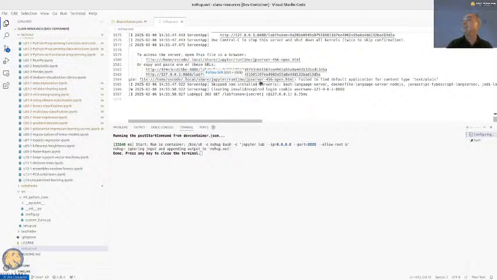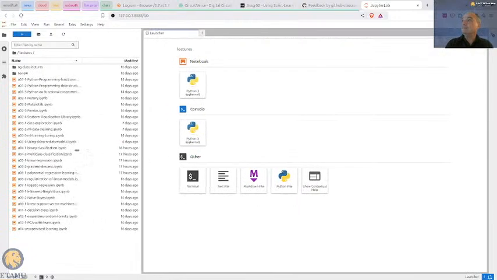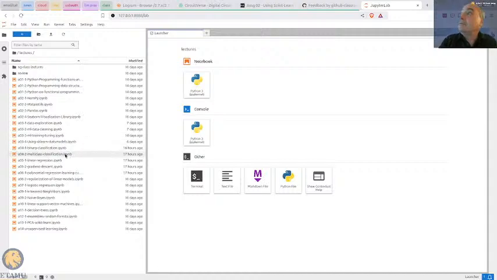That's usually the reason it says you need to give a token when you click on that. You're just not using the one that's actually running in your Jupyter lab. Oh, there it is. Okay.